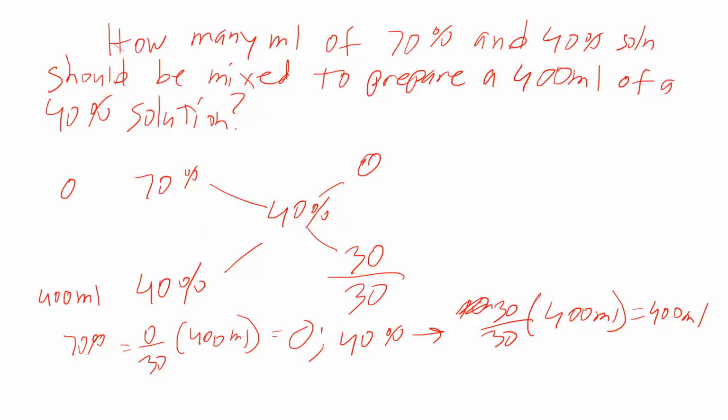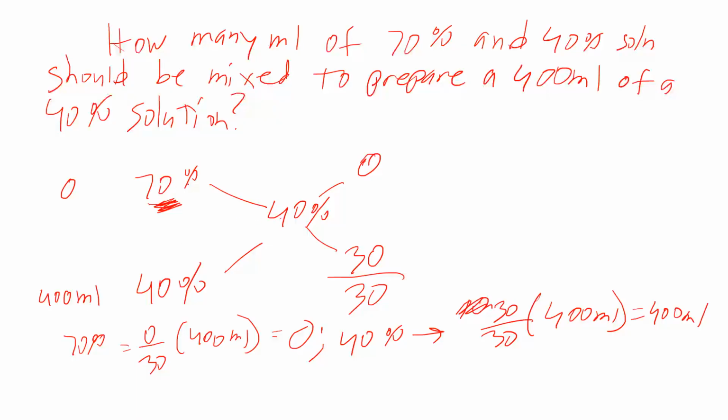Okay, so intuitively speaking, you can't mix 70% and 40% of something to get 40%, because 70% is higher than 40. If you mixed some of the 70%, then you'd have to get higher than 40%, right?